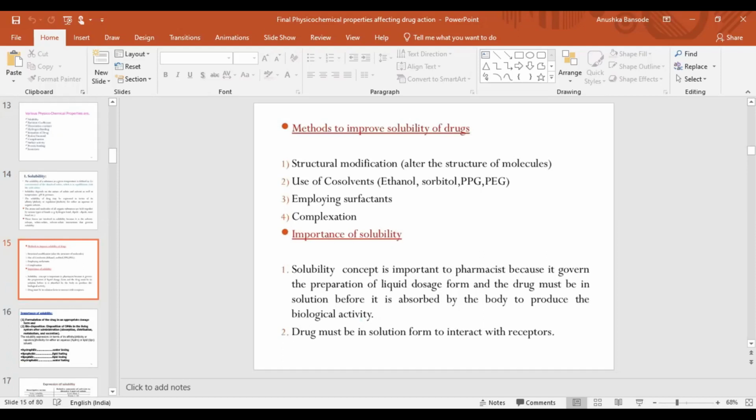So how important is solubility? Quickly we will see how solubility plays a role in drug action. Solubility is important to pharmacists because it governs the preparation of liquid dosage forms, and the drug must be in solution before it is absorbed by the body to produce the biological activity. So the drug must be in solution form to interact with receptors.